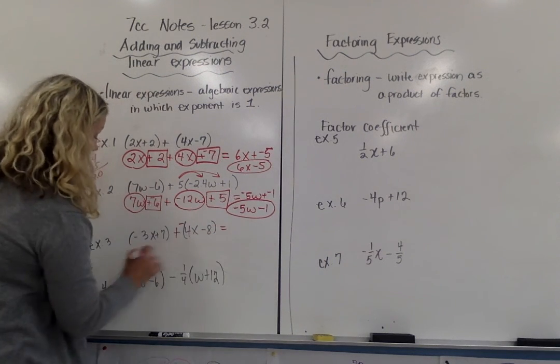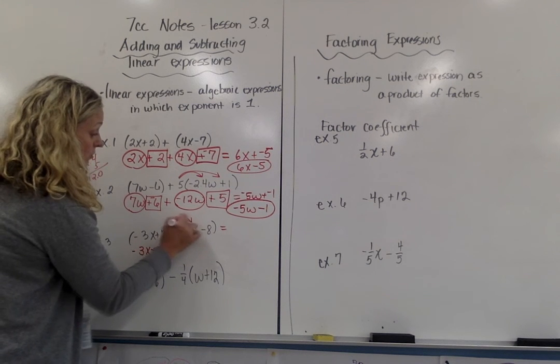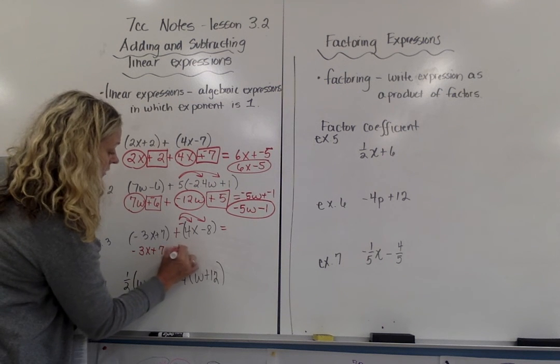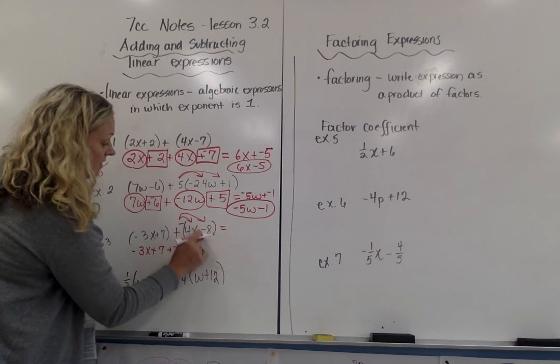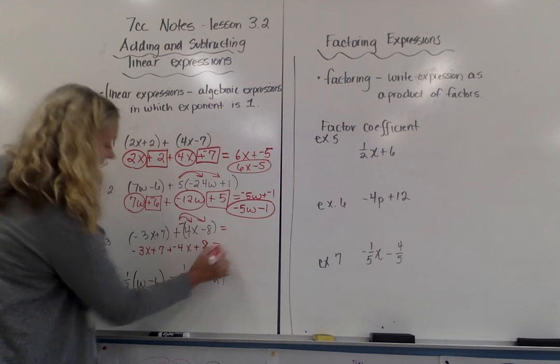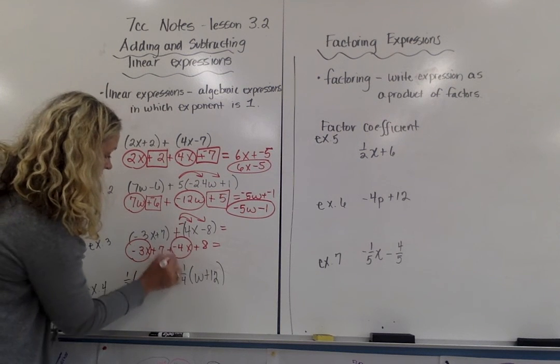So I literally rewrite that as negative 3x plus 7. I distribute the negative to each term. That's plus negative 4x. A negative and a negative is a positive. Plus 8.